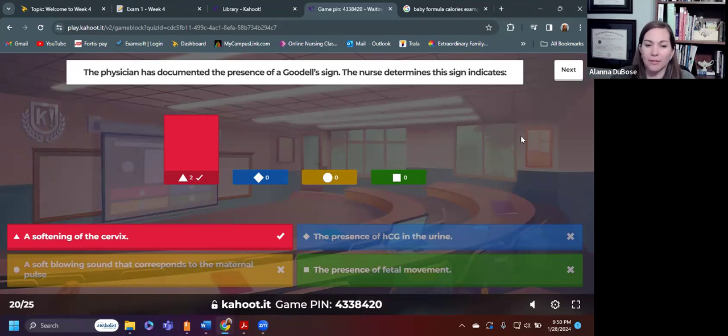Test makers seem to like for you to be able to classify signs. Same with the powers of pregnancy. Just review those acronyms and make sure you understand those classifications. We can see what other questions there are here and talk about them briefly too before we go if you want.